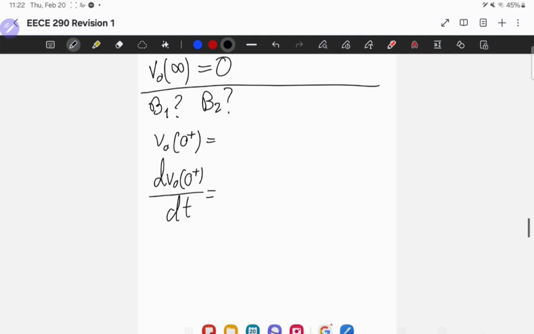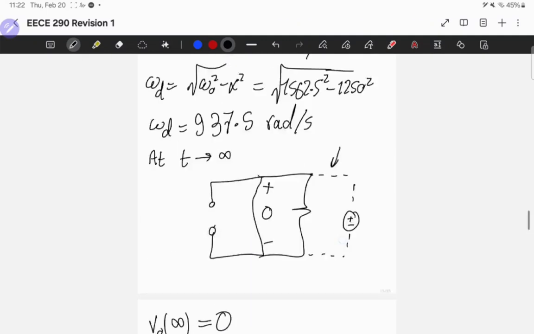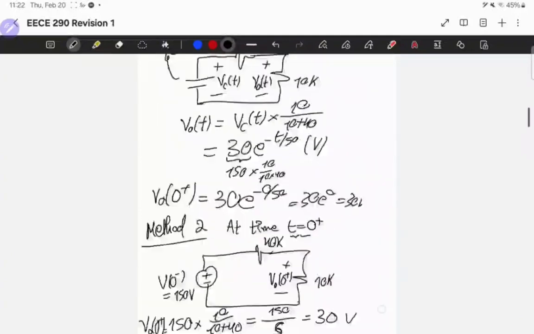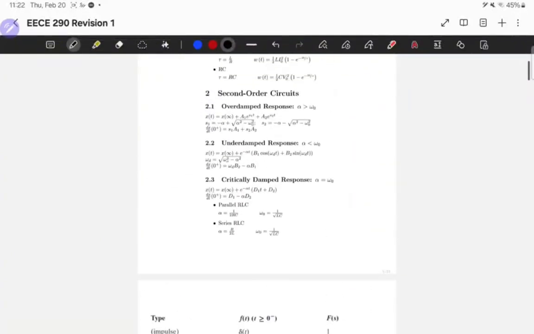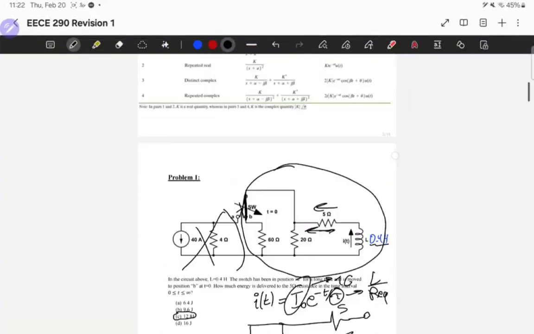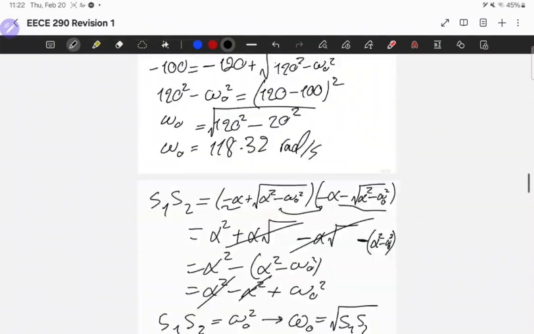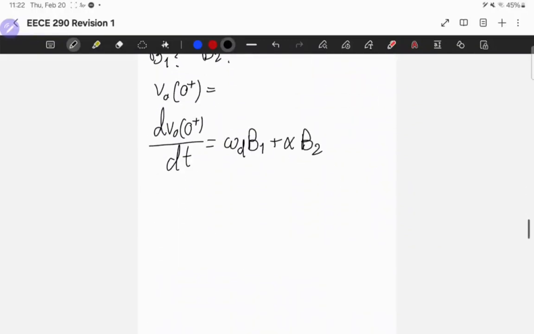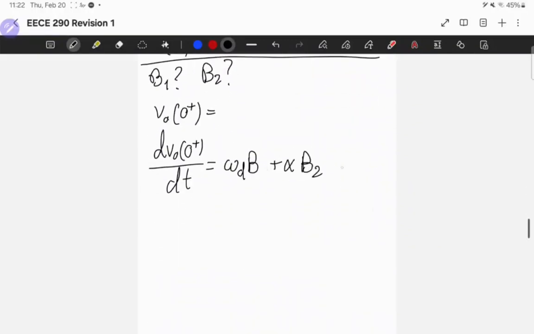From the formula sheet, dV0 at 0 plus by dt is omega d B2 minus alpha B1, given in the formula sheet.